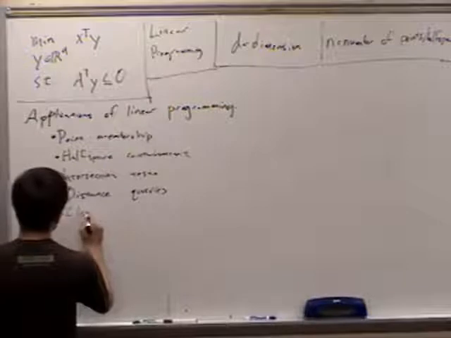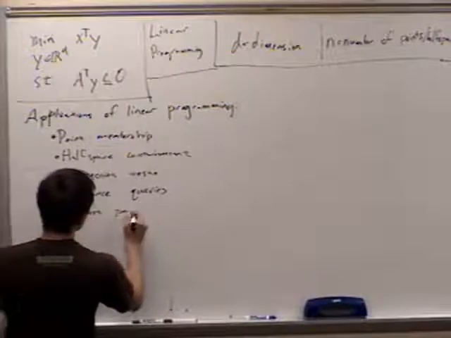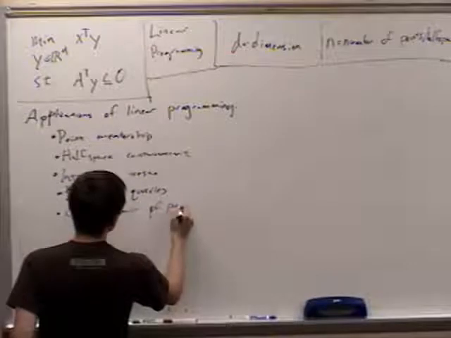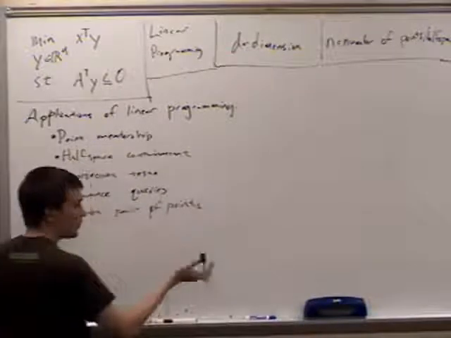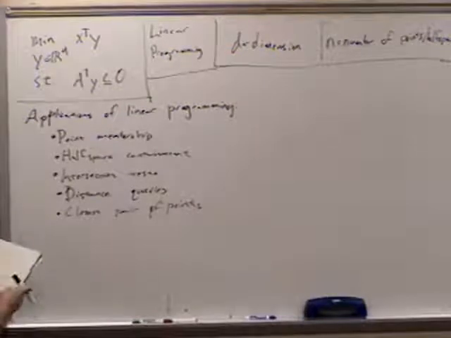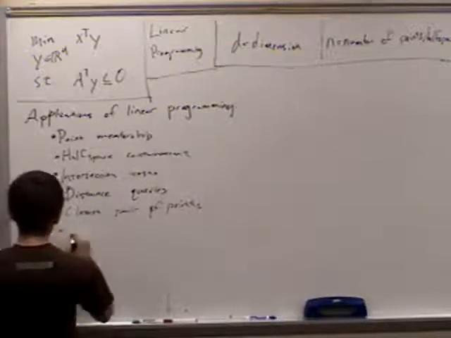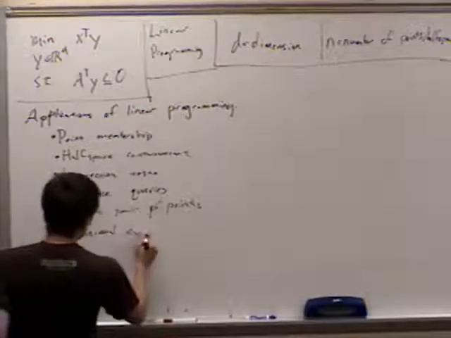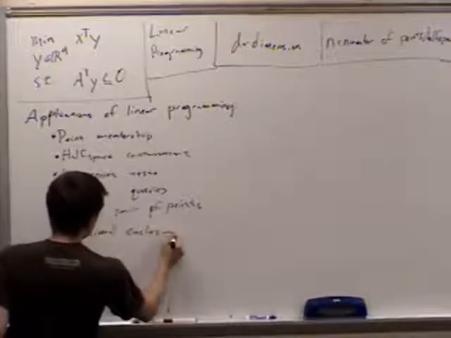This is very useful in physics simulation, where you might have a bunch of rigid bodies, and then you want to keep track of the points between them, so that you can detect where they are. Minimal enclosing ball is another common problem.